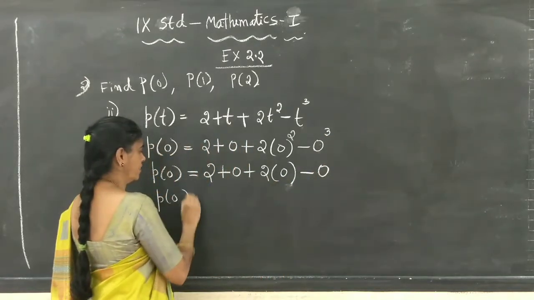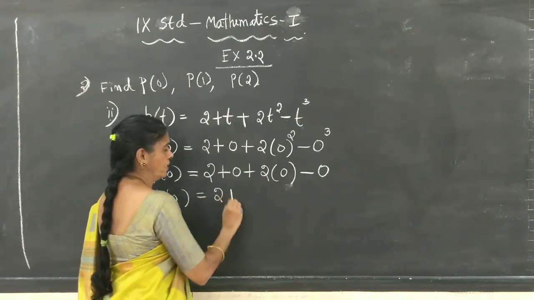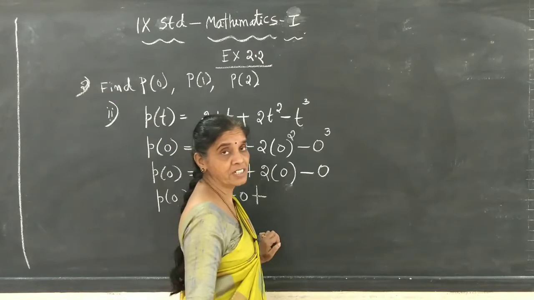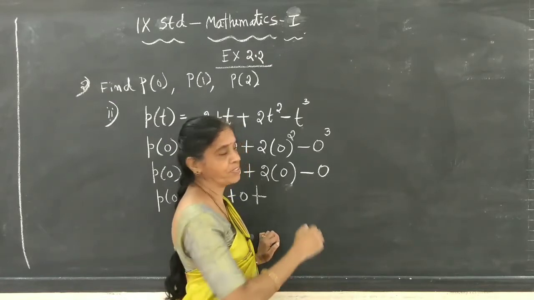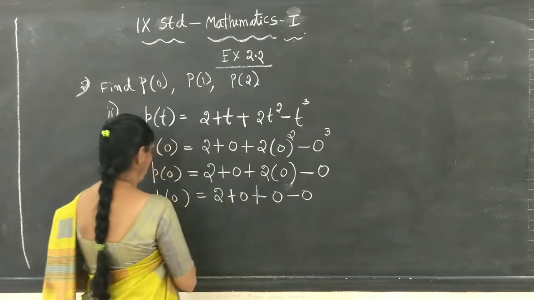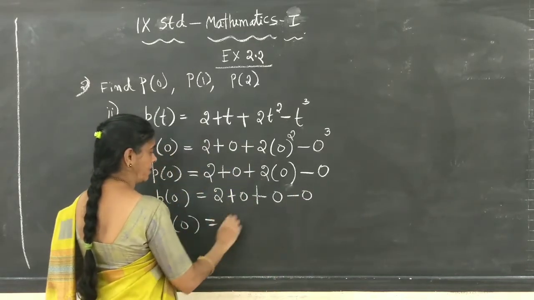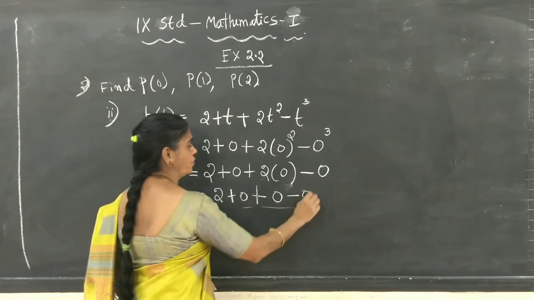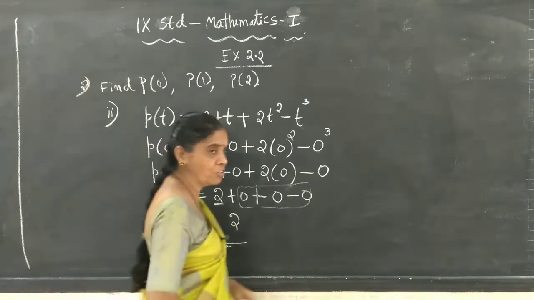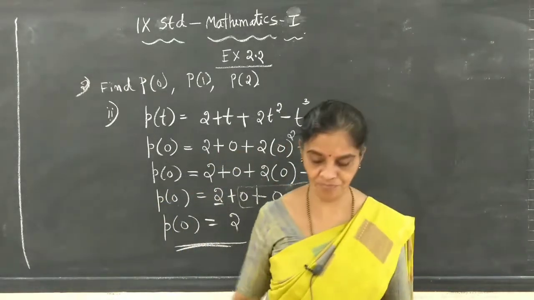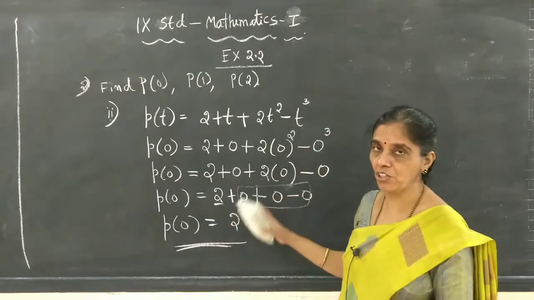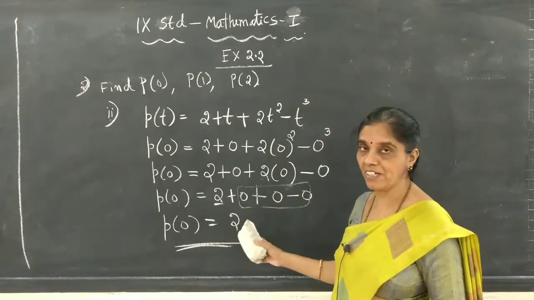If you simplify further, it is 2 plus 0 plus 2 into 0, and 0 into any number is 0, minus 0. So p of 0 is 2 plus 0 plus 0 minus 0, which gives only this number. So the answer is 2. The value of the polynomial at 0 is 2.